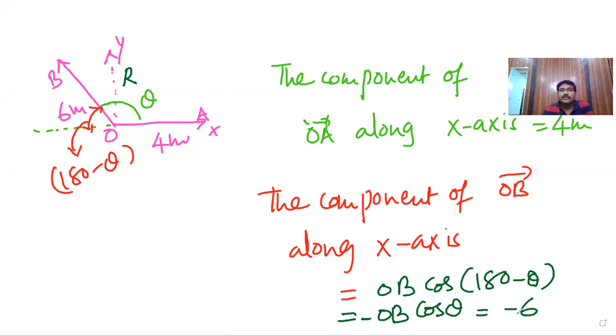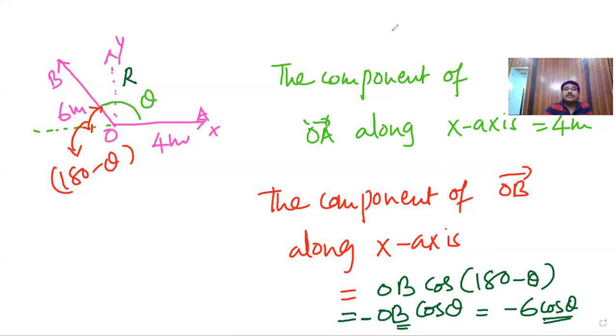So it is minus of magnitude OB cos theta, that is minus 6 cos theta. Observe carefully. This minus stands for the negative direction, because OB is pointing towards the negative x-axis. Clear?